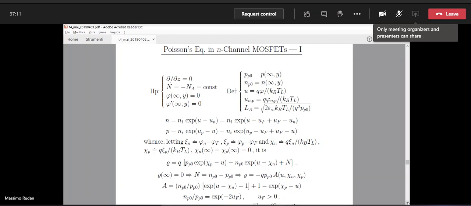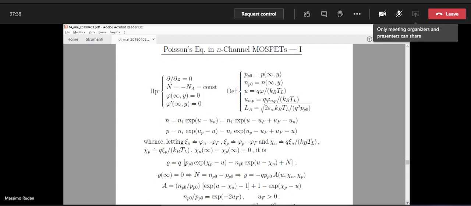After completing these definitions, we simply have to replicate the solution of the Poisson equation. So we simply replicate the analysis already done for the MOS capacitor. There is one fundamental difference: for the MOS capacitor, the analysis is fully and rigorously one-dimensional.